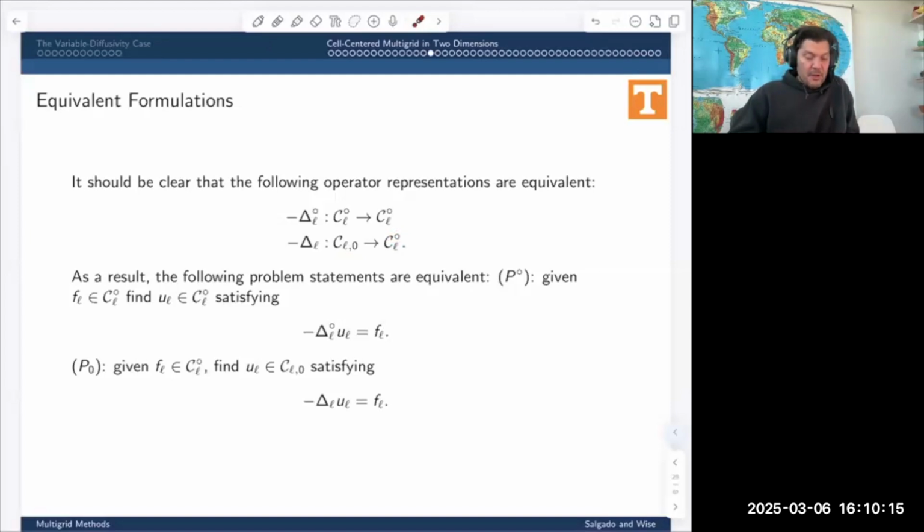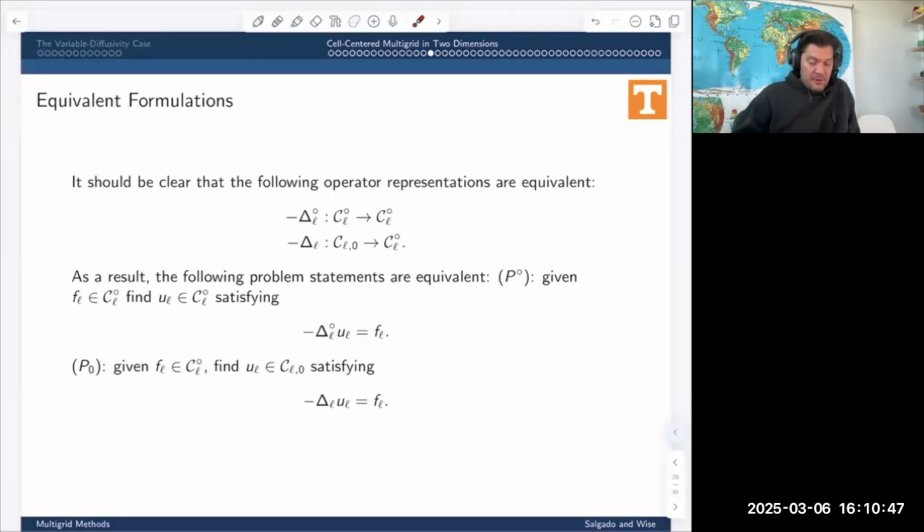I can also, as I just discussed, modify the operator so that it only acts on functions that have only interior values, CL superscript circ, and then of course it maps that to CL superscript circ. So remember, this was my notation for cell-centered functions that have values only in the interior part of the grid and don't have values at the ghost cells.